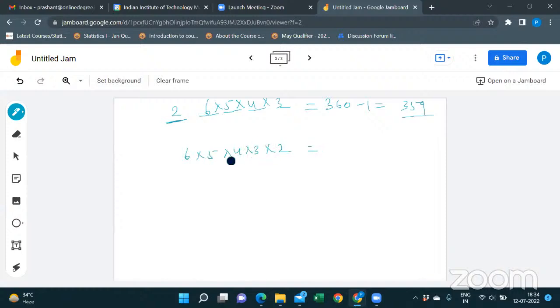Okay, it will be 480. No, not 480. 20, 120, 720, right? Yes, sir. 6 factorial is 720.